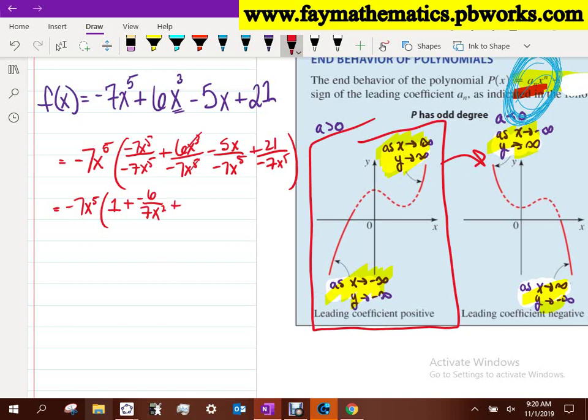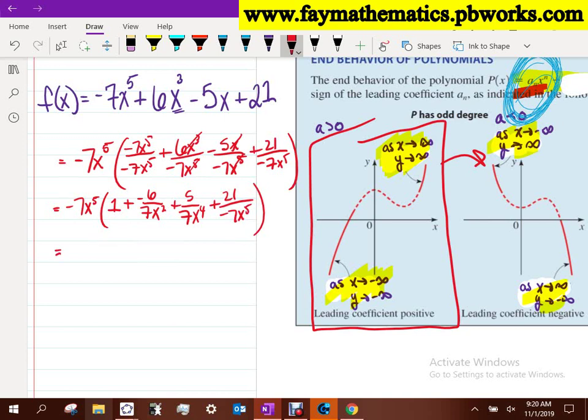This one's going to be plus 5 over 7x to the 4th on the bottom. Is that okay with everybody? And the last one is 21 over negative 7x to the 5th. You can change this, since I've got positives and negatives back to back, if you want to, but I don't really care.